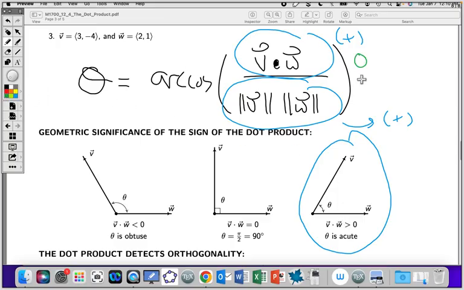If V dot W is 0, then that's going to zero out what we have here, and that's going to produce a 90-degree angle. Right? Vectors that are at a 90-degree angle are called orthogonal. So it's that ortho prefix. You'll see ortho, like orthopedic, ortho configurations in organic chemistry.